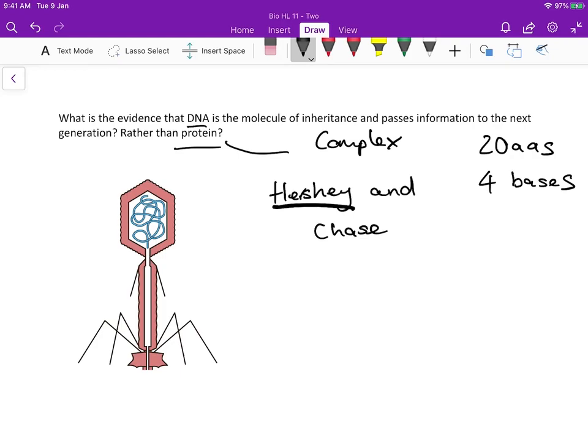And what they did was they took something over here which infects bacteria. So this is called a bacteriophage. And what it does is it lands on bacteria and then it infects them and it reproduces in them. So here they had something perfect to try and follow the molecule of inheritance. And they're trying to follow the molecule of inheritance for this particular virus.